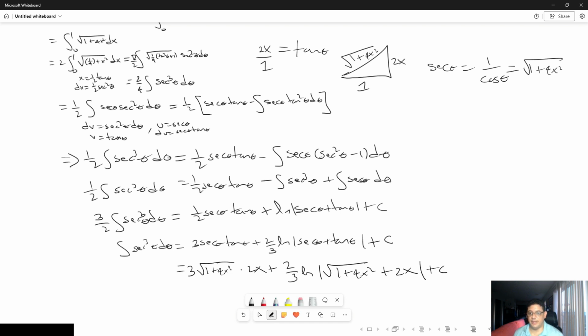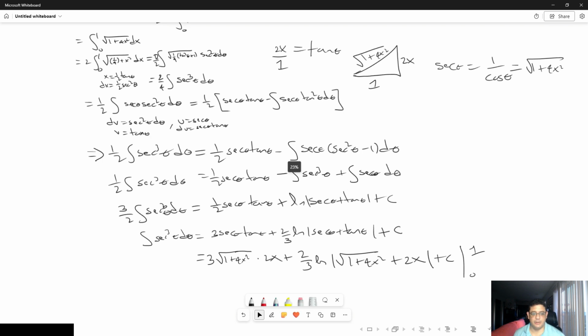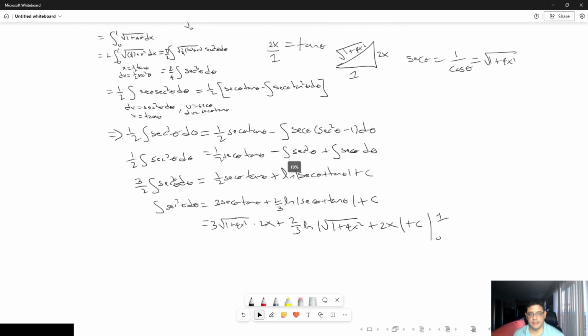So this was very exhausting, but now at this point we can go back to the original variable. And so this gets to be plugged between 0 and 1, and that's going to provide me with the arc length.